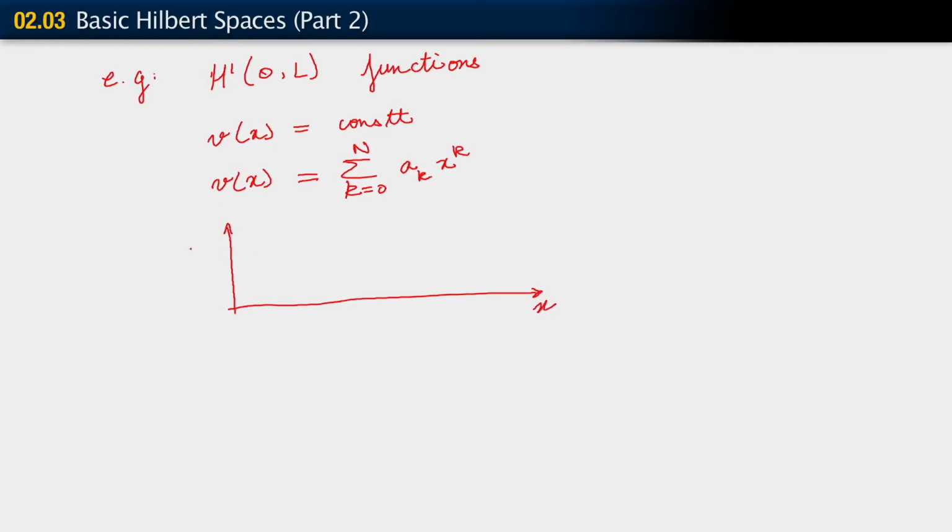So let me suppose that V is of the following form: linear, maybe quadratic, linear again, some other polynomial, linear again, constant. This sort of a function also belongs to H1.